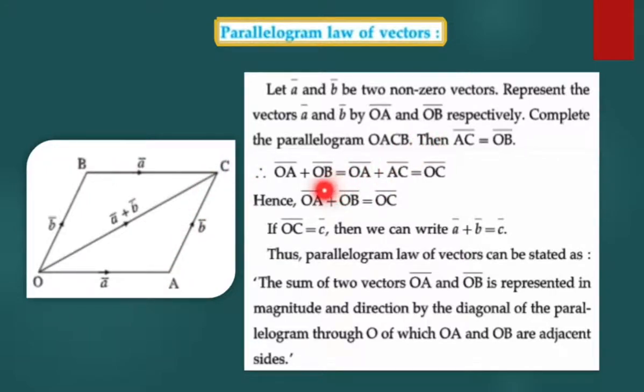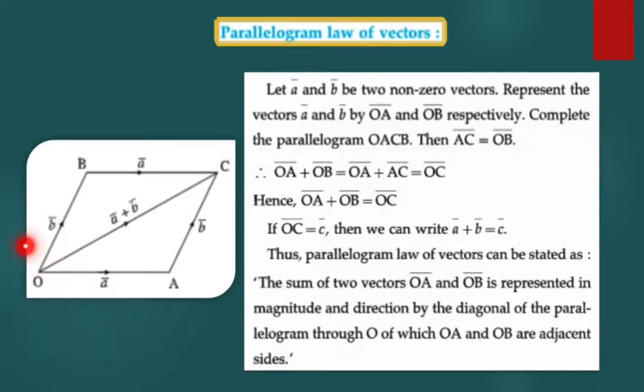So we replace this OB bar by AC bar. So OA plus AC equals OC. If we replace this OC bar by c bar, OA bar as a bar, and OB bar as b bar, then we write it like this.